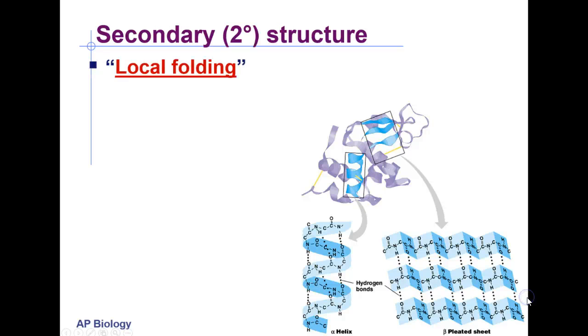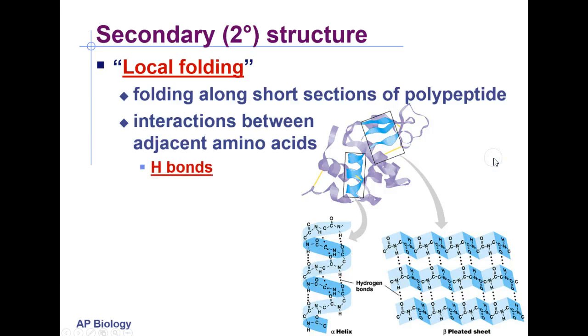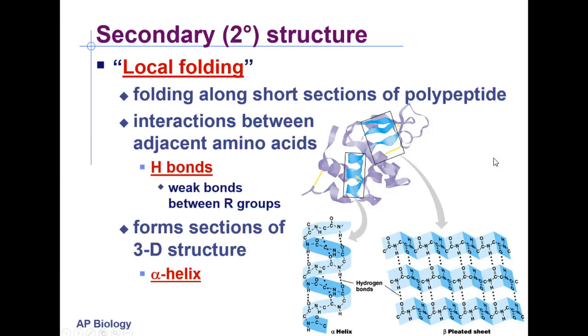The secondary structure is just kind of a small amount of folding in the amino acid chain. Sometimes it's kind of a twisted folding.